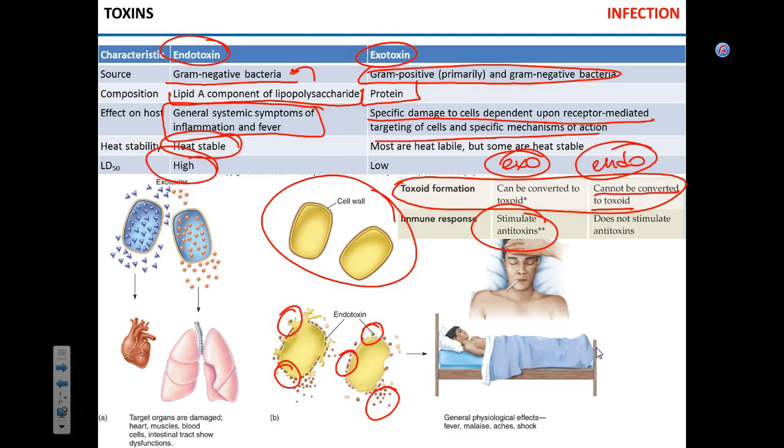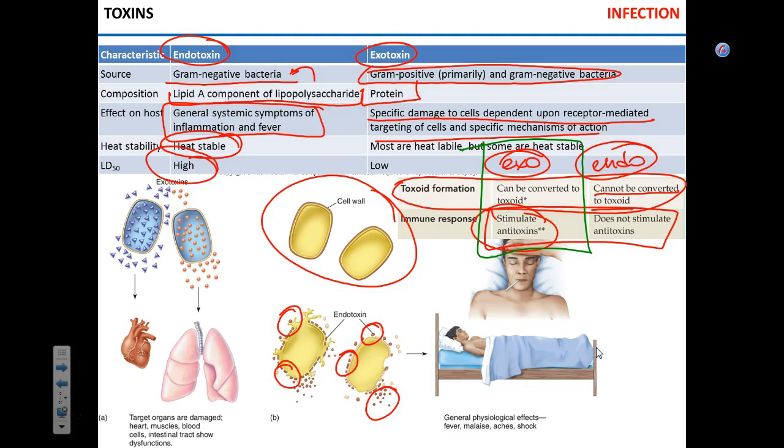Does that make sense? So pretty much what this means is that exotoxins can stimulate a specific immune response and can be used to produce vaccine. Endotoxin cannot. Say I got infected with the Enterobacter genus. God forbid, I don't want to, but say I got infected.